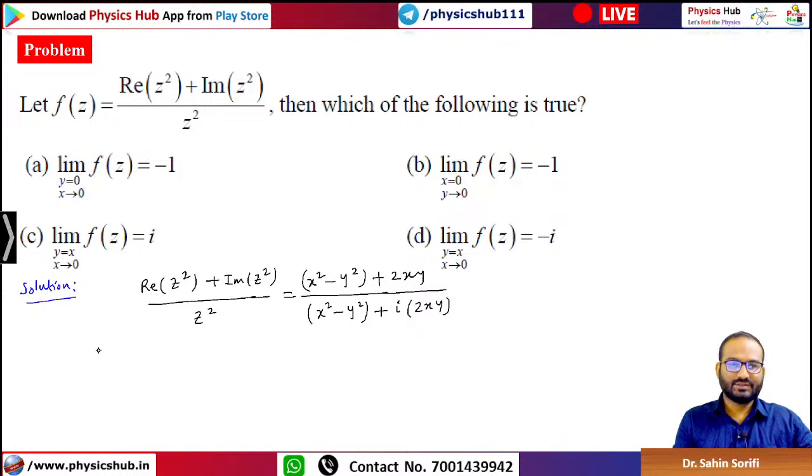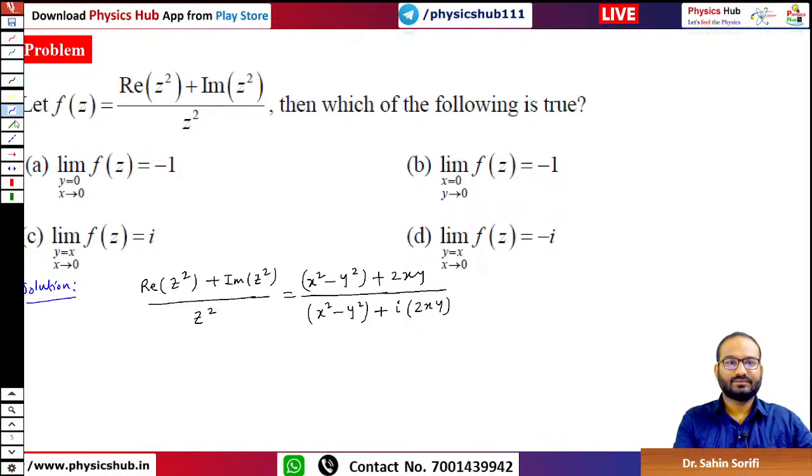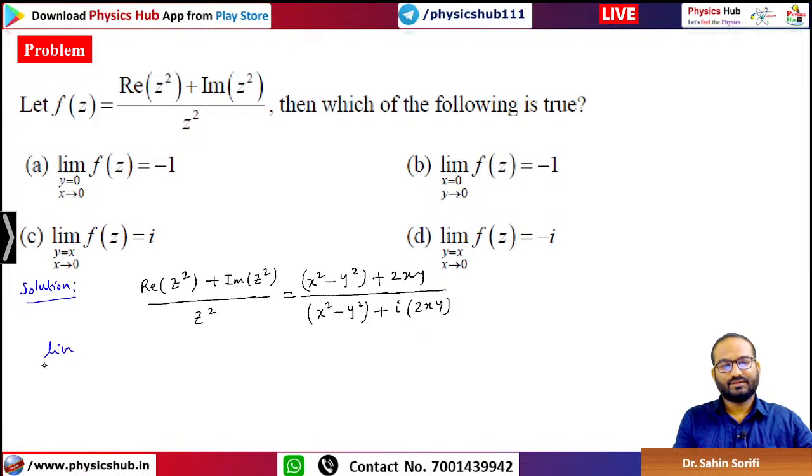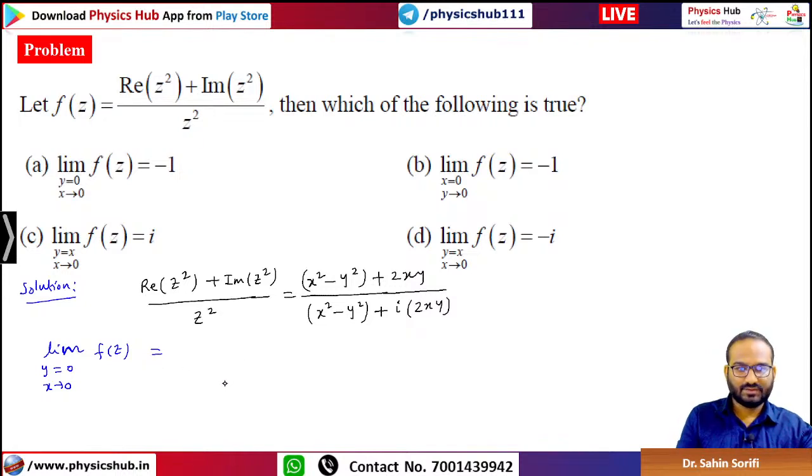Let's check the first option. Limit y tends to 0, x tends to 0 of f of z. Let's see whether this will be the option or not. If you put y equals 0, what you get is x squared divided by x squared. So that is 1, but in the option it is given -1, so this option is not correct.